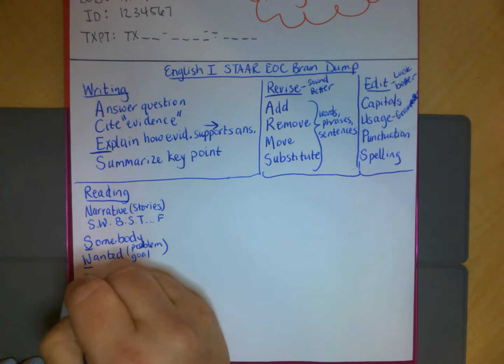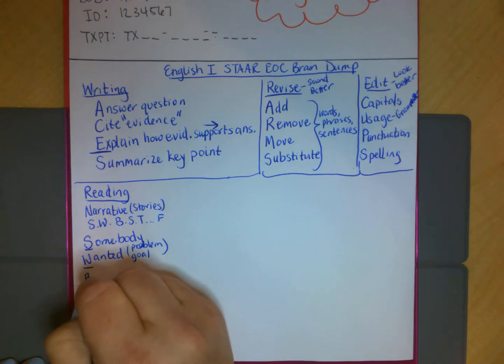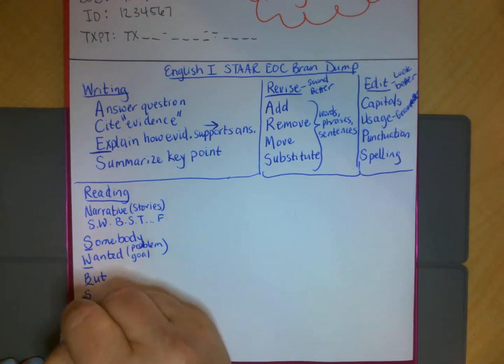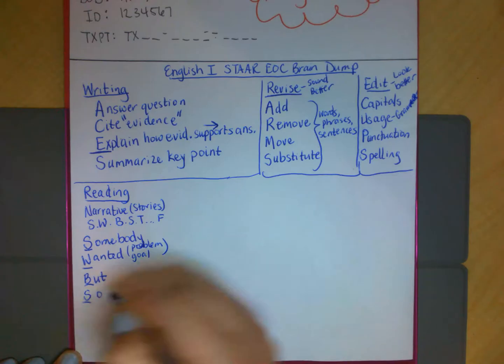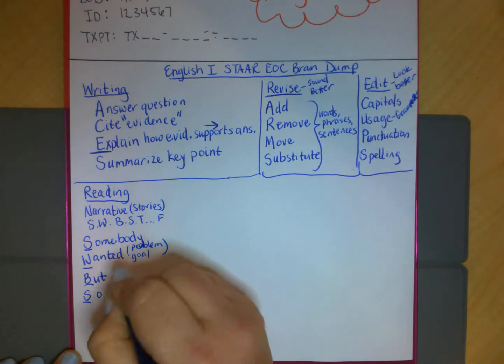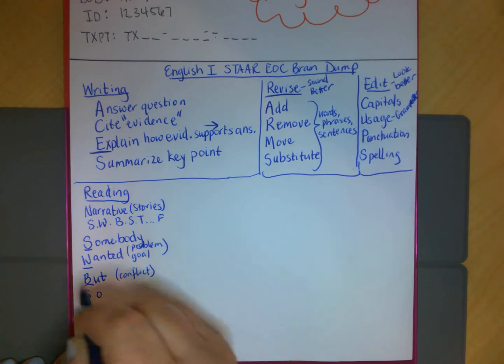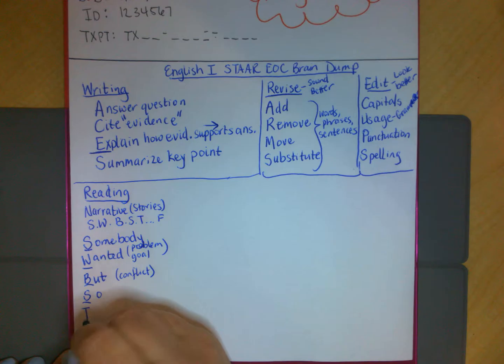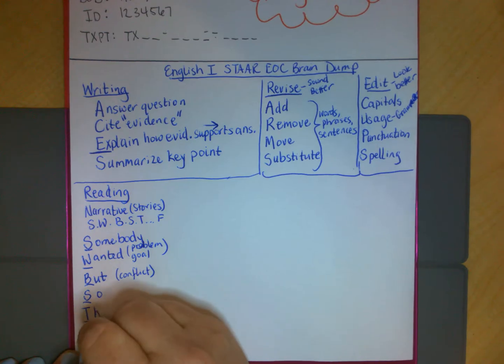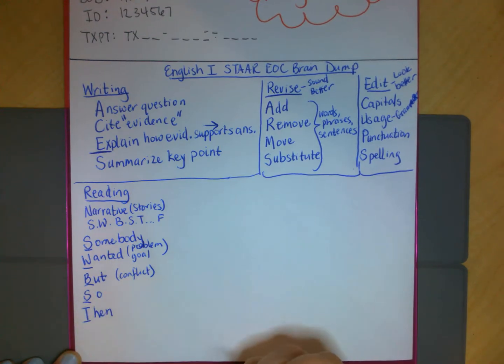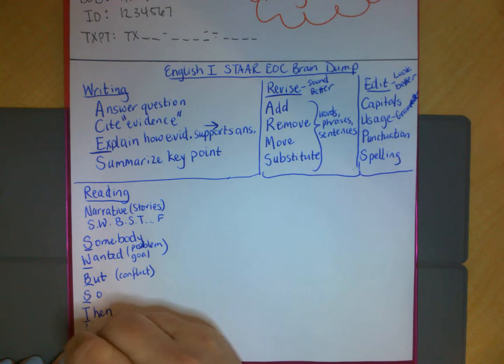But there is a conflict, so they try to solve the conflict, okay? This is where conflict is introduced. Then something else is going to happen. The problem will either be solved or it won't. When we get to the conclusion of the story, we end up at finally.